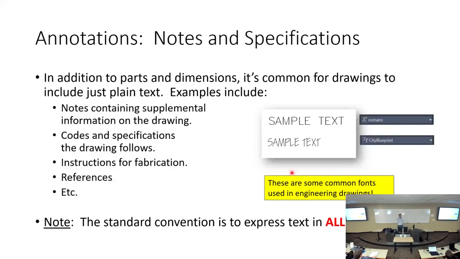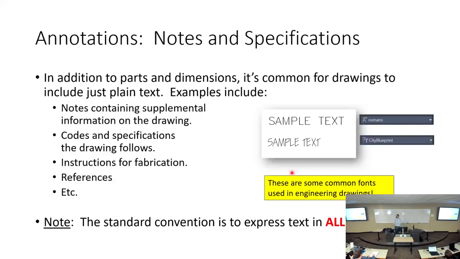Okay. Let's talk about the annotations. When I say annotations, I'm basically talking about text that's included on an engineering drawing. Some examples of the text needed on a drawing are any notes that contain supplemental information, like how something's supposed to be fabricated, any tolerances that are necessary, what codes are being followed, what specifications are being adhered to.